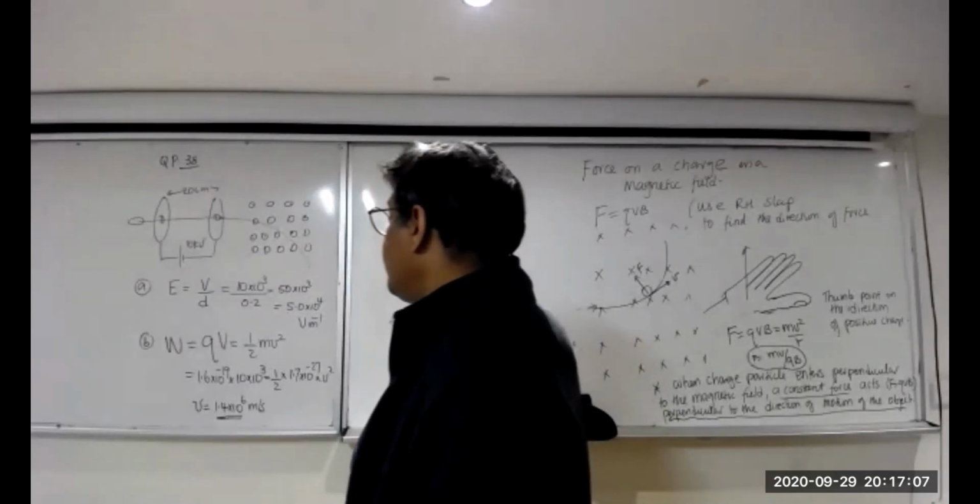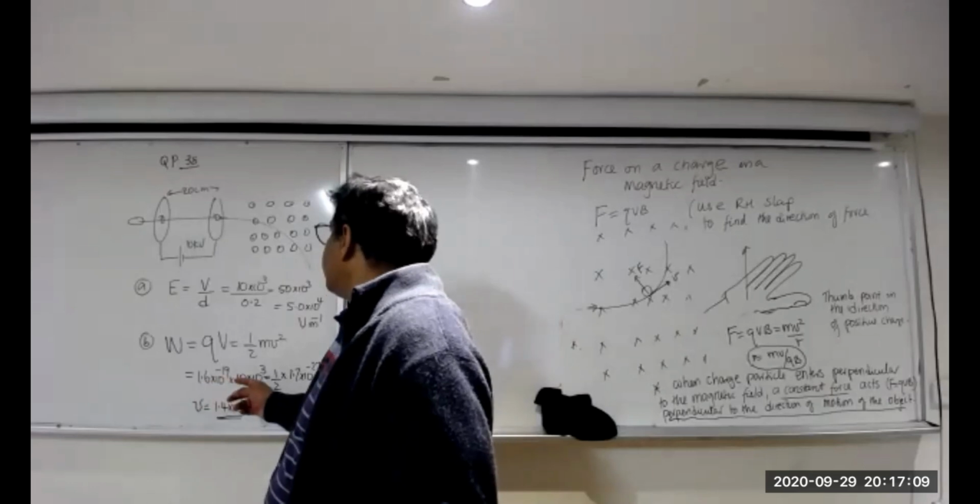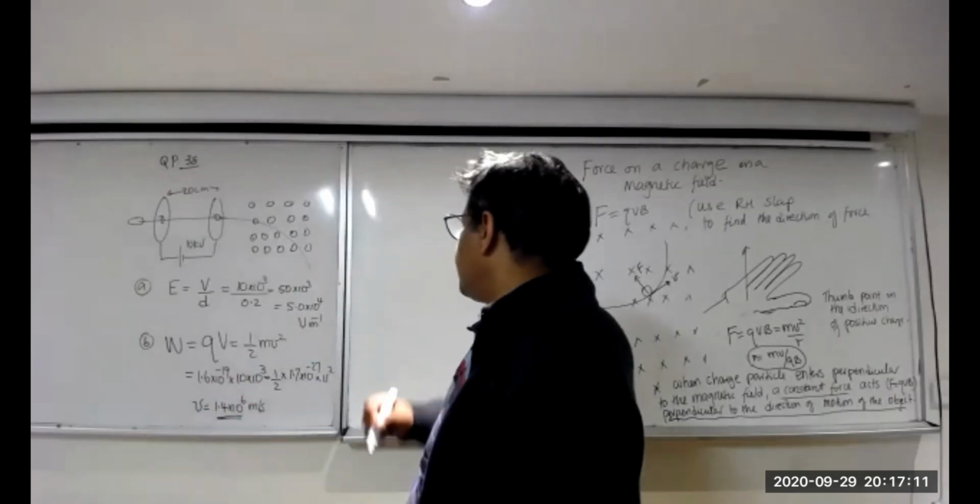So q, I know q is a proton. The potential is correct. Half mv squared.